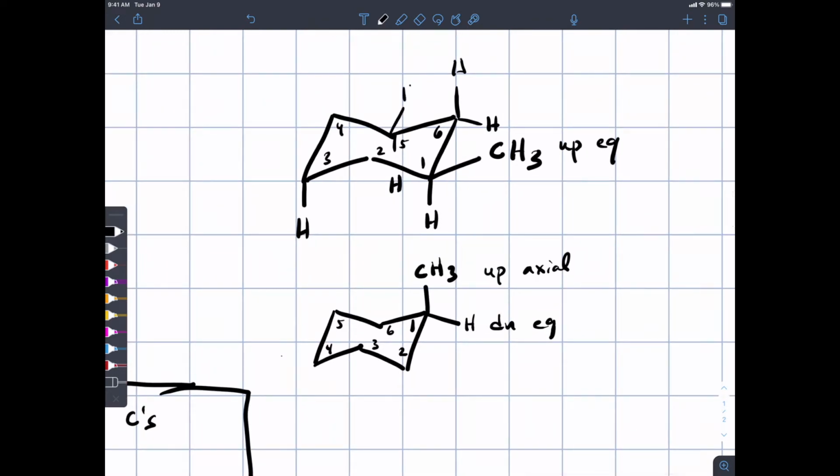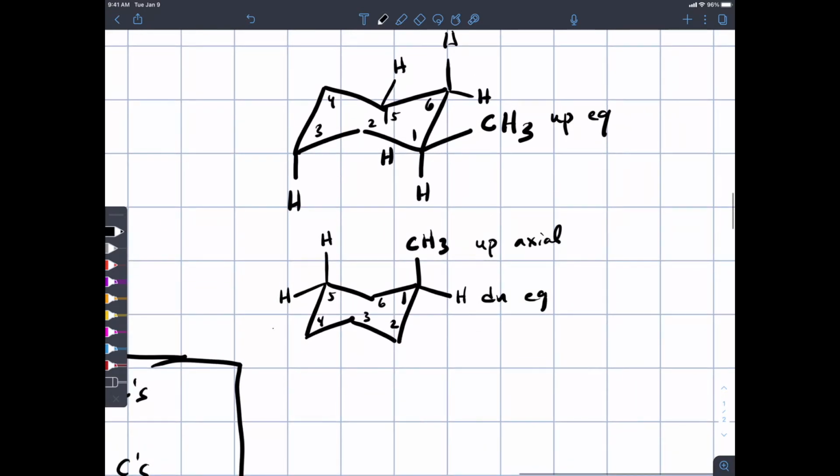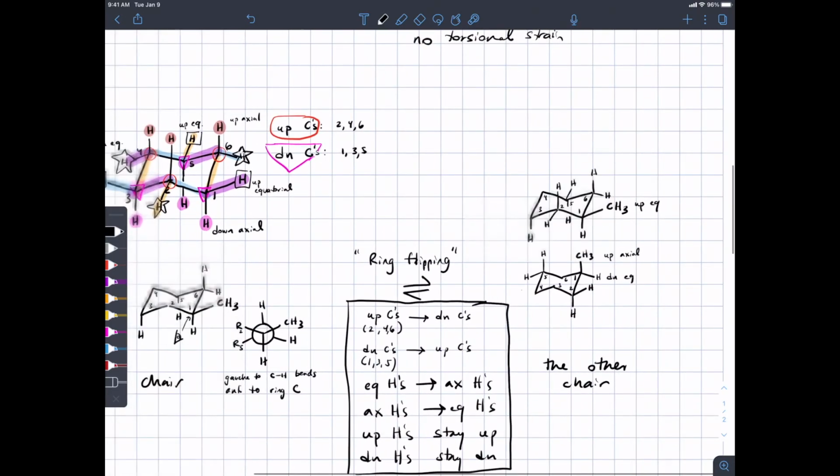On carbon 5, the proton that was up equatorial is now up axial. And on carbon 5, the proton that was down axial is now down equatorial. Similarly, on carbon 2, the proton that was up axial is now up equatorial. The proton that was down equatorial is now down axial. That is what happens in a ring flip.